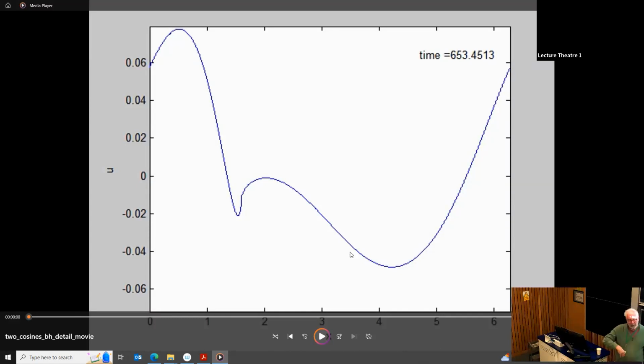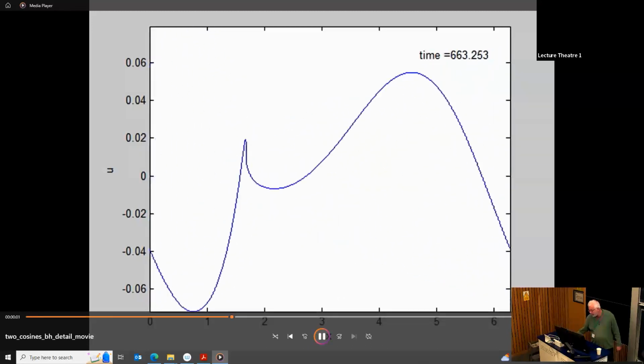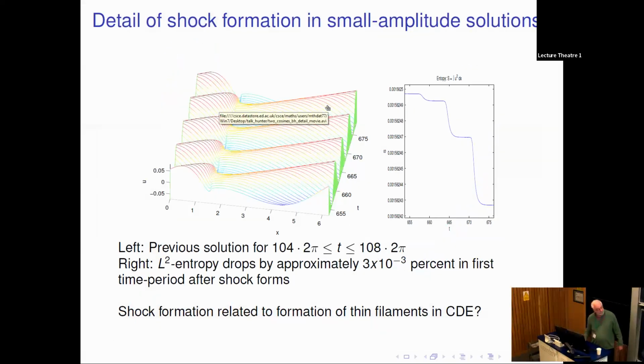So you have this background thing, you have shocks forming every period, and you are getting solutions with more and more shocks. Those would sort of correspond, I believe, to cutting off the filaments and just replacing them by a shock. Again, that's pure speculation, but it's what I believe is happening.